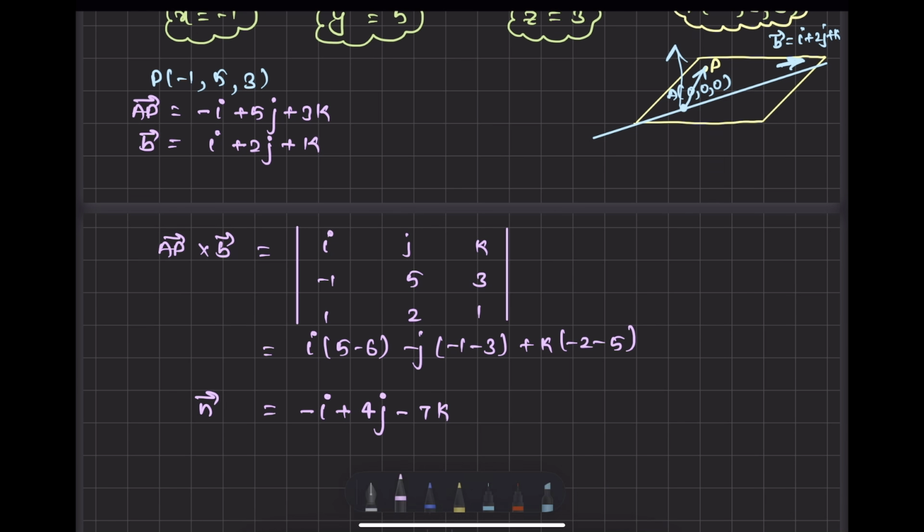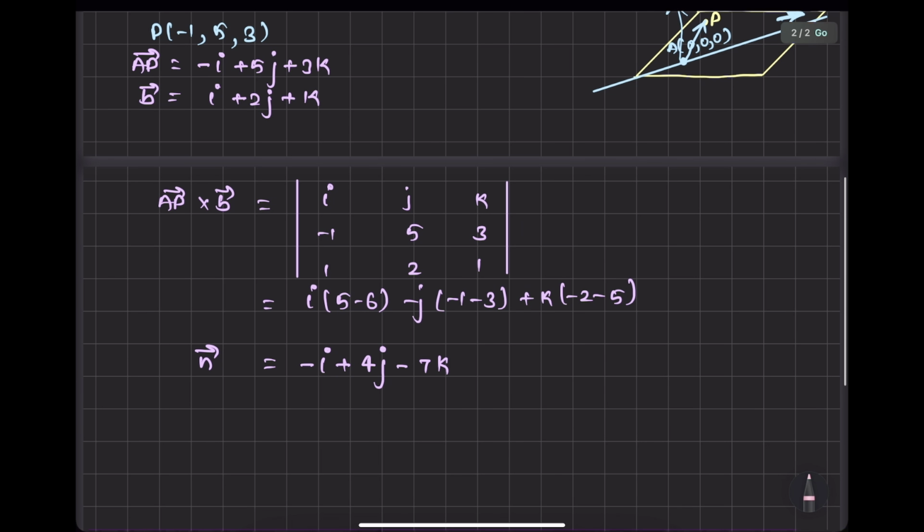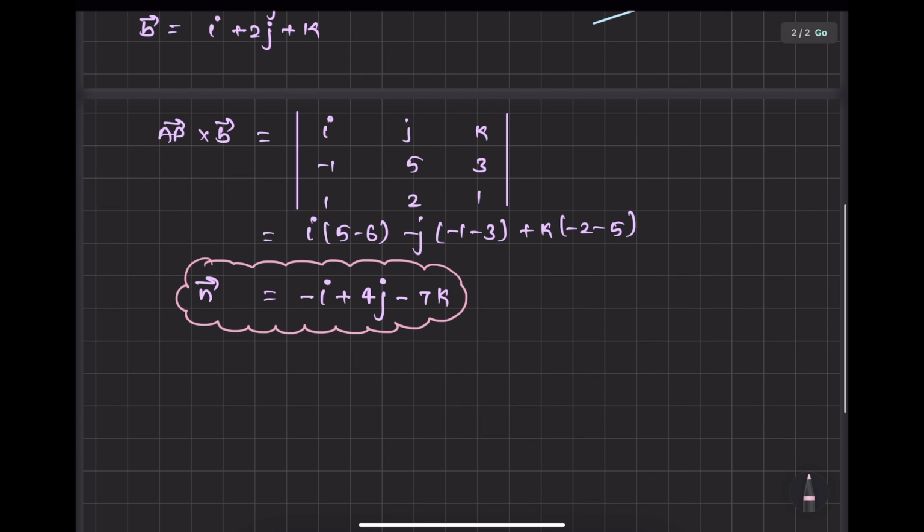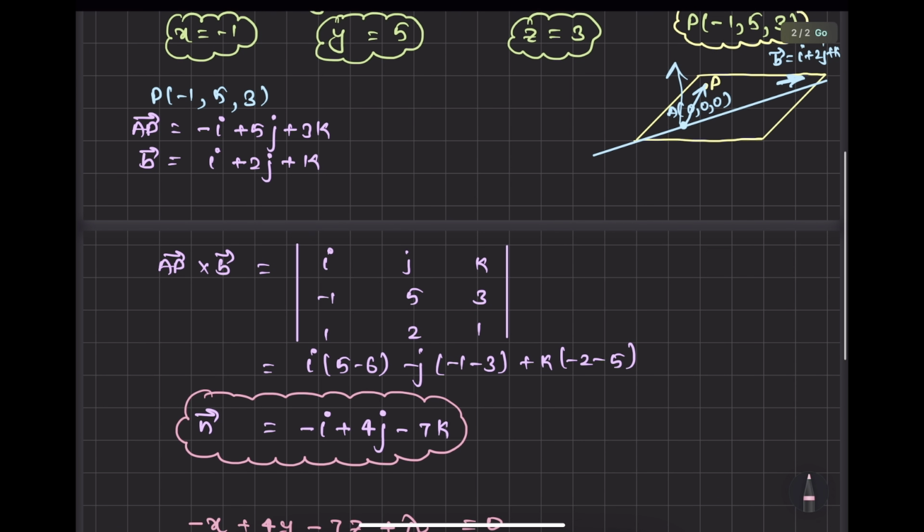Now you can directly write the equation of the plane, and you can use the coefficients of the normal vector for the coefficients of x, y and z. So it is minus 1, 4 and minus 7. So can I write minus x plus 4y minus 7z plus lambda. Now we need to find the value of lambda, and how will we find it?